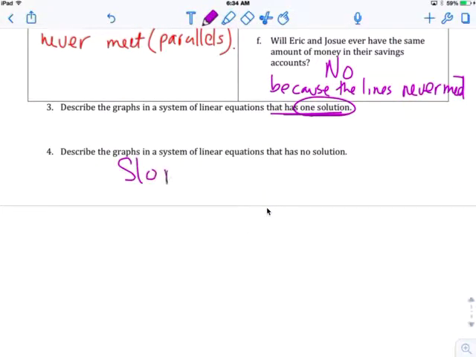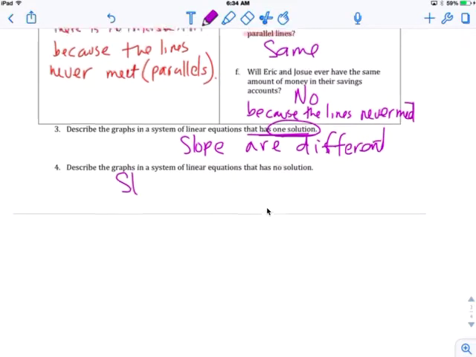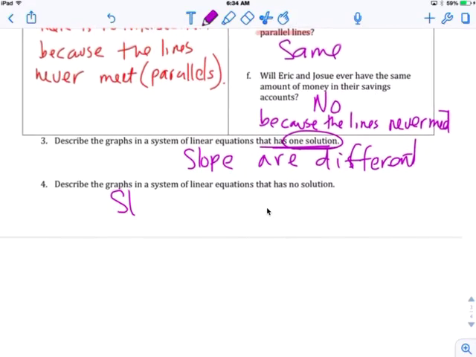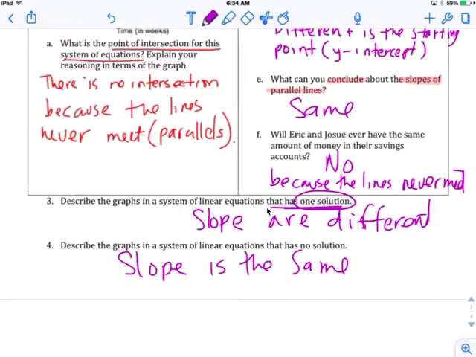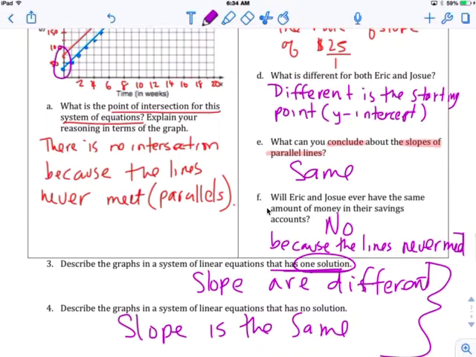Slopes, or another word, rate of change, are different. Describe the graph in a system where a linear equation has no solution. Slope is the same. Those are important concepts. You'll learn more and it will be on the test. Definitely that.